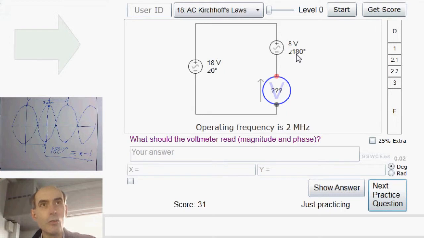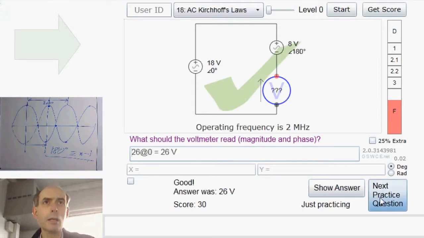But it's not 0 degrees, it's 180 degrees, which effectively means this 8 volts is actually minus 8 volts at 0 degrees. So what I've got here is 18 volts here and minus 8 volts at 0 degrees here, which means the voltmeter there is going to have to be reading 26 volts at 0 degrees.